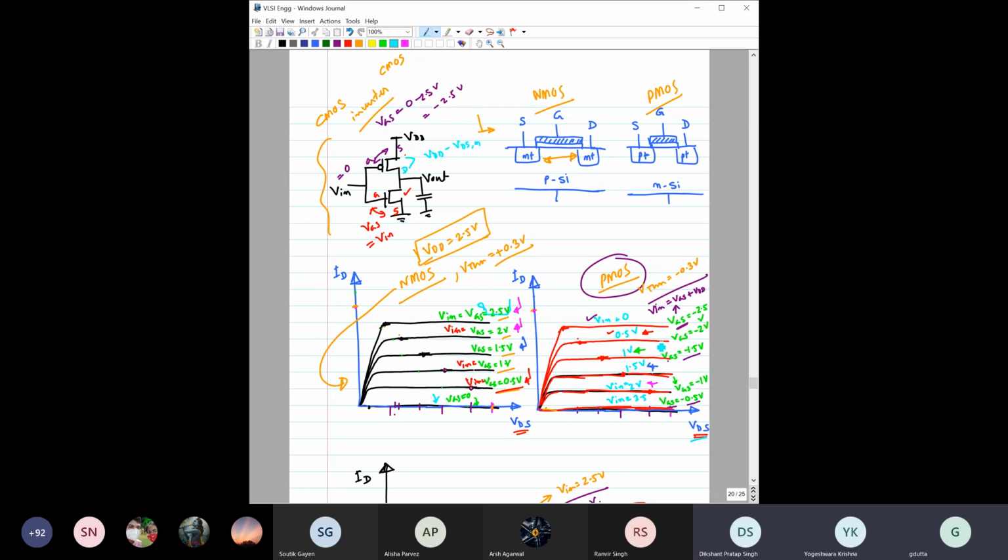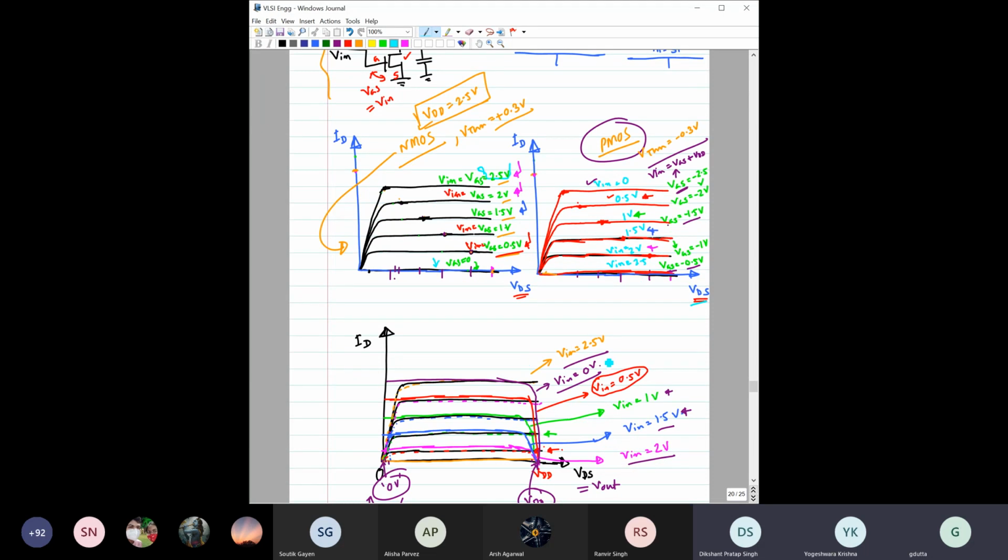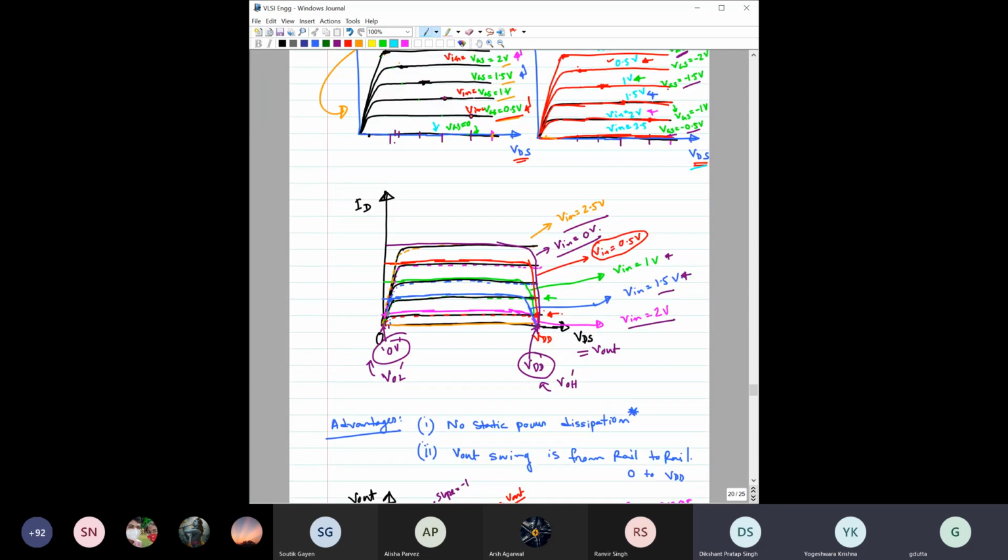So if you want to superimpose these output characteristics on top of that, you have to reverse the sign and substitute it from VDD. Then you will get the voltage transfer characteristics from the intersection points.